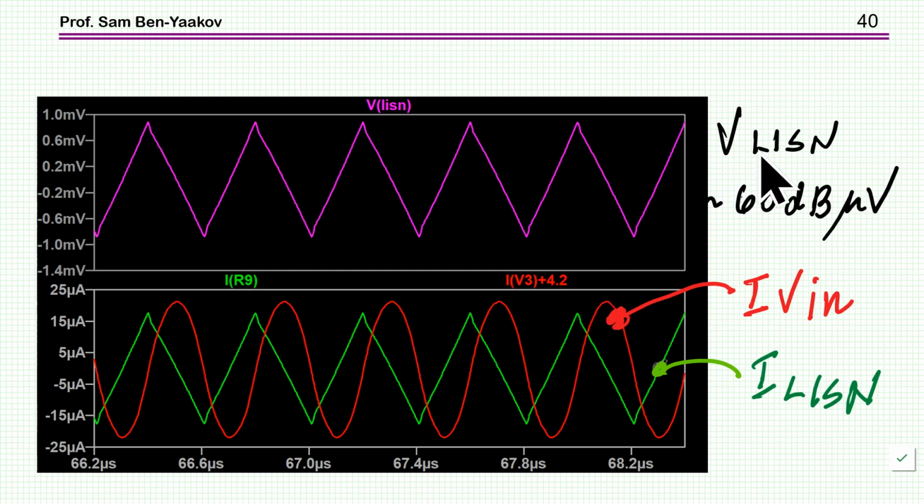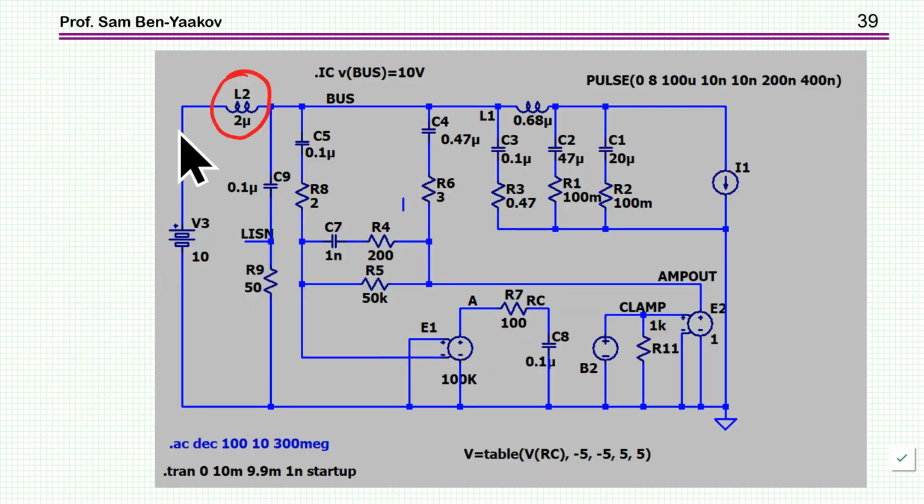This is the voltage at the output across the 50 ohm. And this is like a triangular waveform, which means that the Q, the quality factor of the circuit, is indeed low. And we find here the peak is about 1 millivolt, which is 60 dB microvolt. That's a little bit higher than the CISPR 25 limit. I'm also showing the current here in this branch and in this branch.